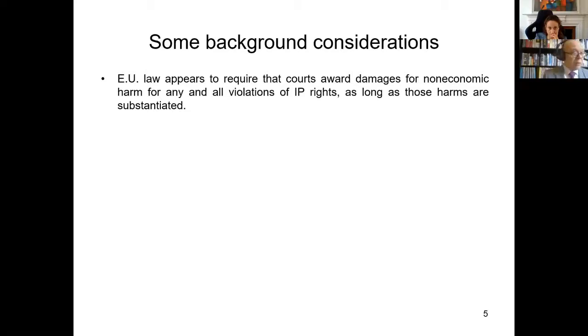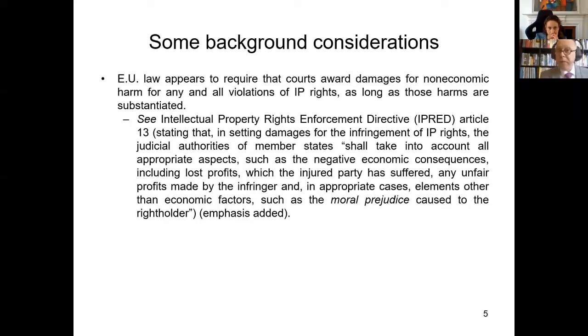I say that because we have Article 13 of the Intellectual Property Rights Enforcement Directive, which states that in setting damages for the infringement of intellectual property rights, the judicial authorities of the member states shall take into account all appropriate aspects, such as the negative economic consequences, including lost profits, which the injured party has suffered, any unfair profits made by the infringer, and in appropriate cases, elements other than economic factors, such as moral prejudice caused to the right holder.